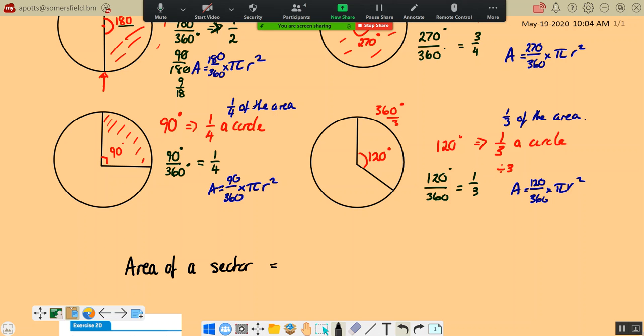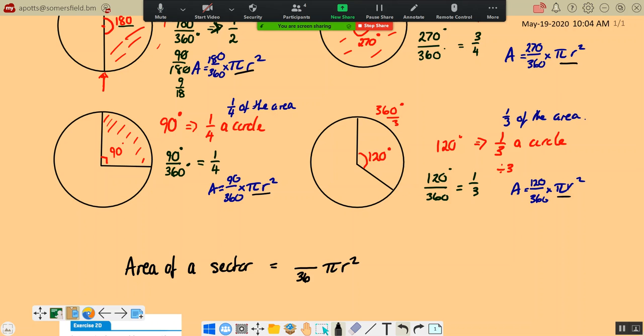Well, we've got the pi r squared bit. Is that the same in all of them? Because we're looking at the sector of a circle, that bit's going to be there. What do you notice about the fractions? If I haven't simplified, what's the same in all of them? They're always out of 360.